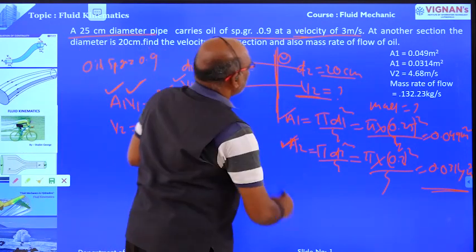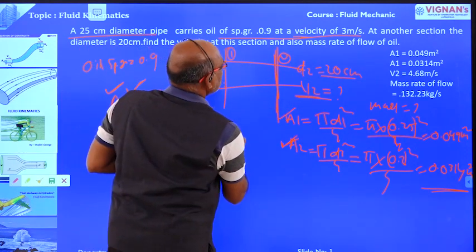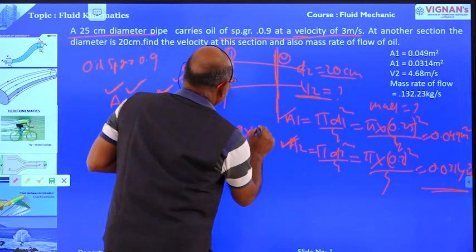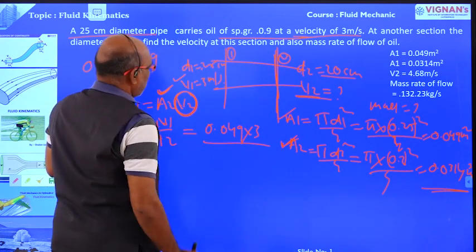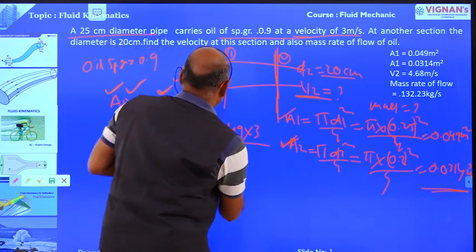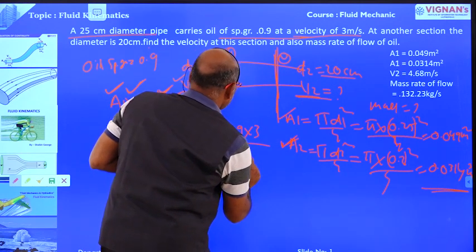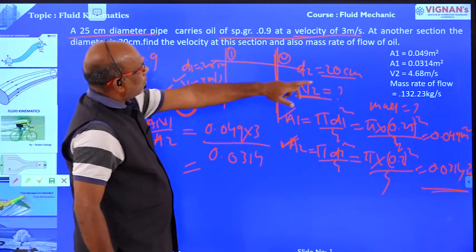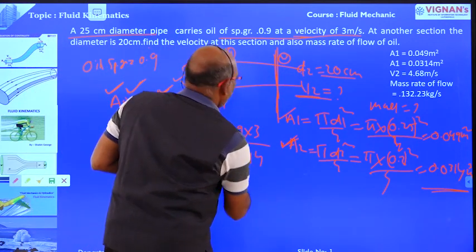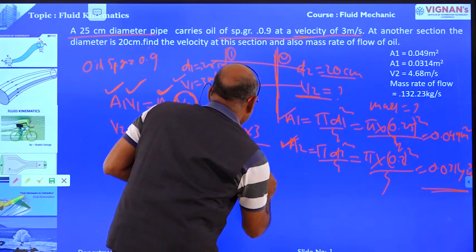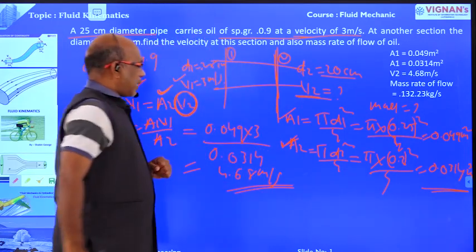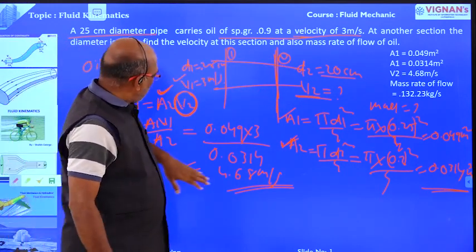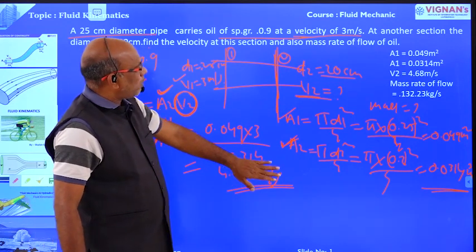Already we have determined, A1 is 0.049, into velocity at section 1-1, that is 3 meters per second, divided by A2, already determined, 0.0314. Therefore, velocity at section 2-2 is 4.68 meters per second. Right? Clear? This is the velocity at the 20 centimeter dia pipe. V2 is equal to 4.68 meters per second.